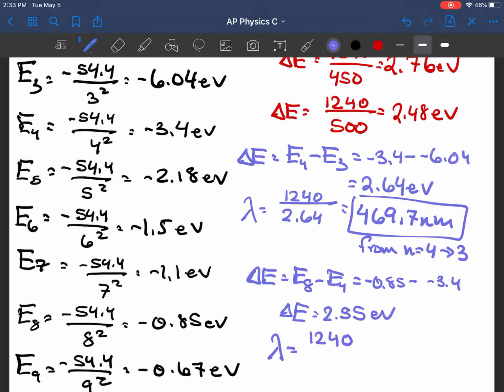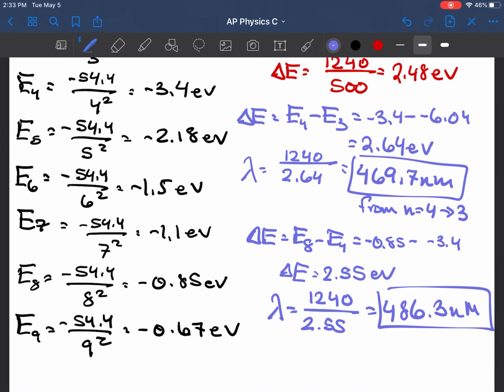So let's figure out what wavelength that will produce. 1240 divided by 2.55 gives us a wavelength of 486.3 nanometers. So that one is from n equal 8 to 4. If you drop from the 8th level to the 4th state, it will produce a photon with a wavelength within the range.